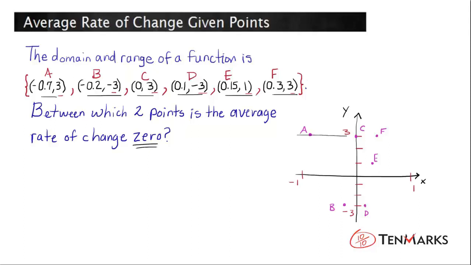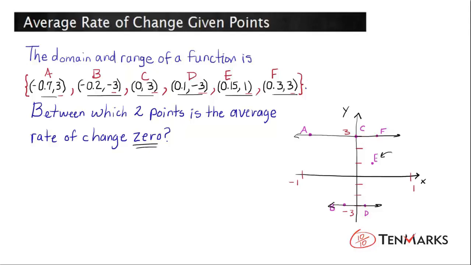For example, A, C, and F are on a horizontal line. And B and D also are on a horizontal line. E is not on a horizontal line with any of the other points, so we don't really need to be thinking about this point.